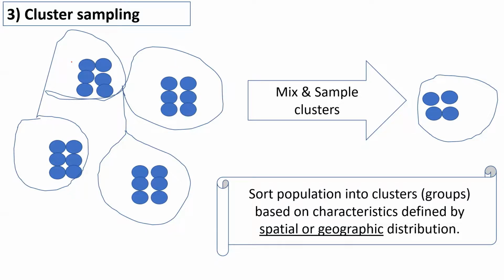So automatically we think about cluster sampling. So for instance, if you want to look at the socioeconomic status of the population, you find that those people who are living in highly affluent areas are rich, and those people who are living in certain areas are relatively poor.